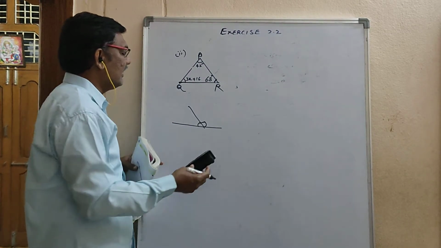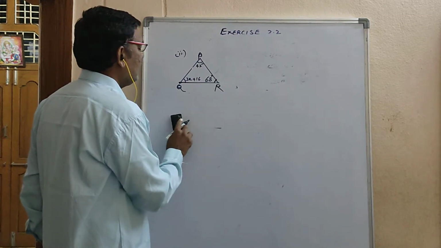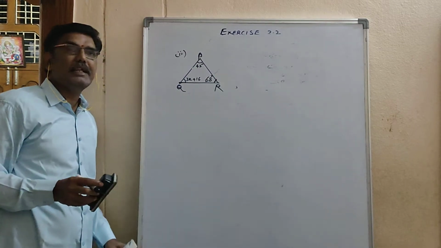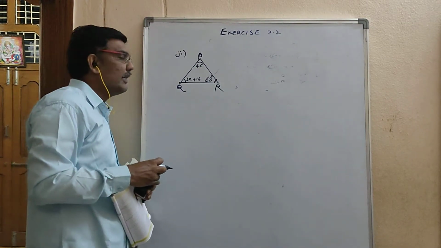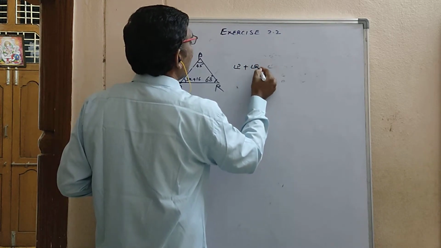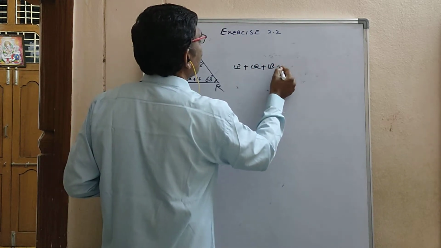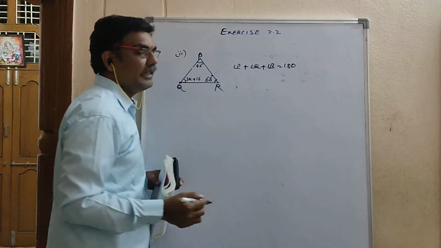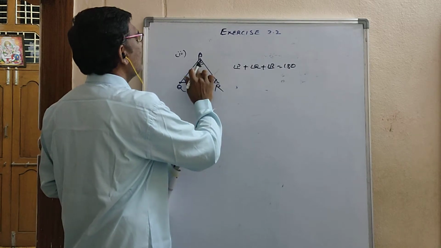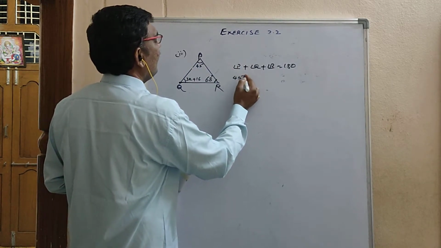So among these three rules, here you should apply the sum of three angles in a triangle is 180 degrees. You also have to write the rule. Angle P plus angle Q plus angle R is equal to how much? 180 degrees. In place of angle P, I can write 45.